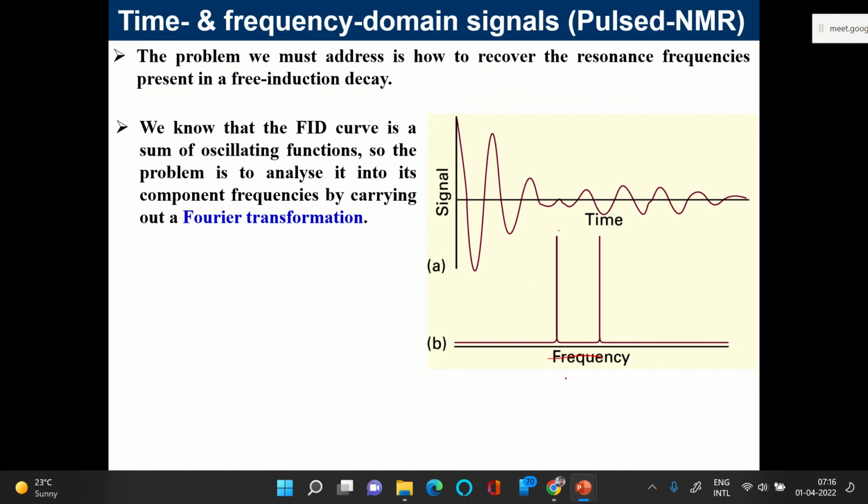So intensity versus frequency, or if you know the frequency, then you can calculate the chemical shift values delta. So that is the frequency domain thing. You obtain it by deconvoluting this signal.